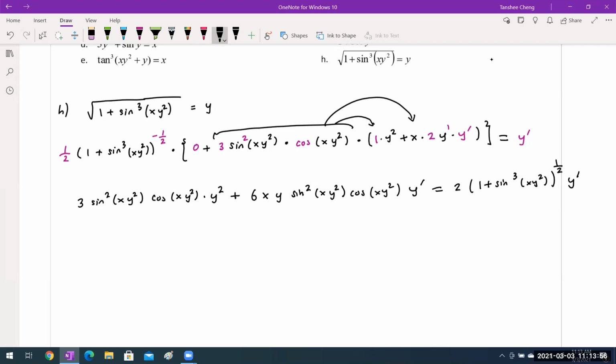Let me write down the prime a little bit tilted so that you will not mix it up with the first power. So now we have to move one term to the other side.